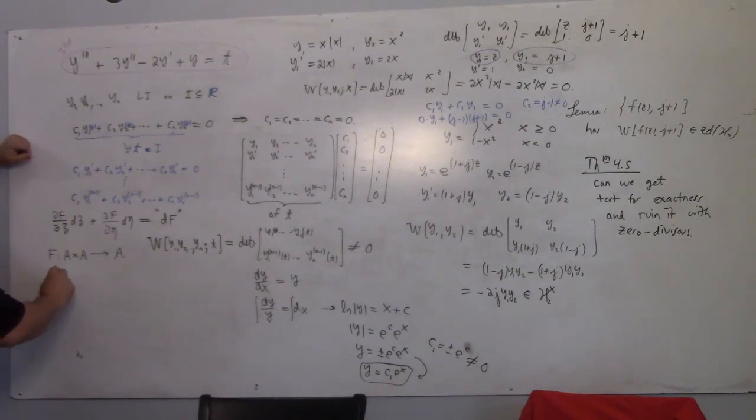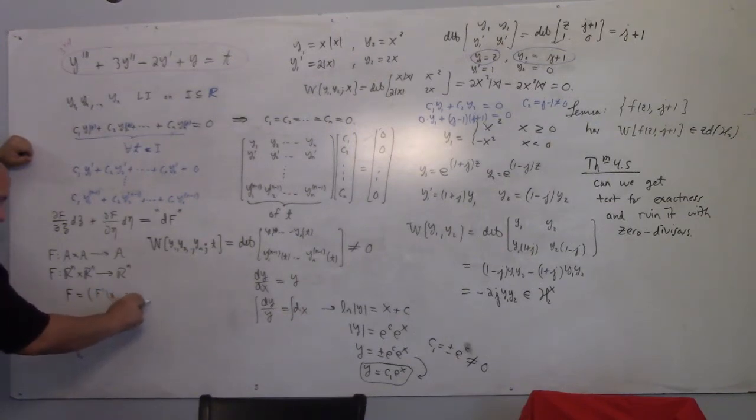See, this is R^n cross R^n, so this really has f1, which is a function of x1 through xn, y1 through yn.